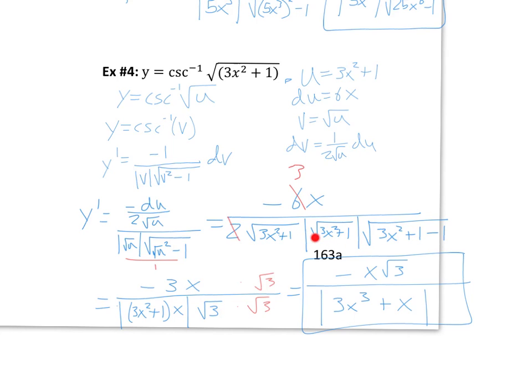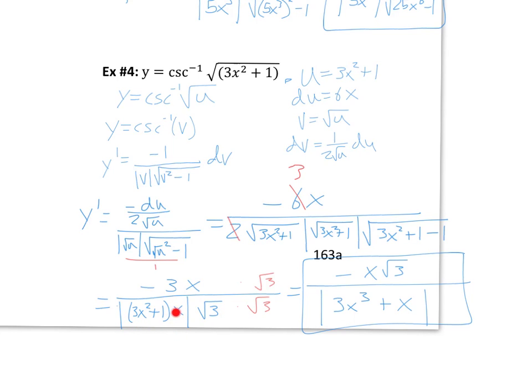I'm already only going to get positive numbers here, and I can only get positive numbers here, because I'm taking the positive square roots. So, since I'm only taking the positive square roots, I'm really asking for the absolute value of either of these, and so I really have a square root times a square root. Well, square root times the square root equals just what's on the inside, but I'm going to leave it inside the absolute value. So that's where this 3x squared plus 1 comes from.